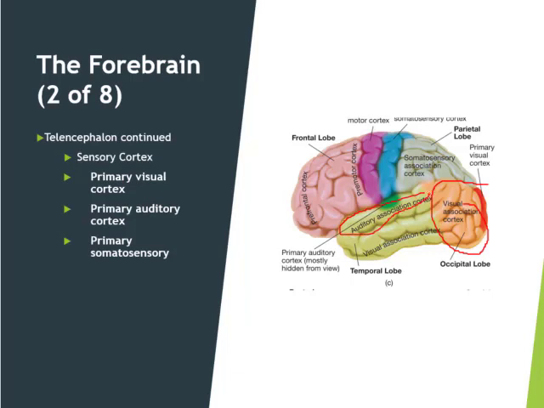The primary somatosensory cortex receives information from the body senses, except for the olfaction or smell sense and gustation, the taste sense. And we'll take a closer look at the primary somatosensory cortex in the next slide.